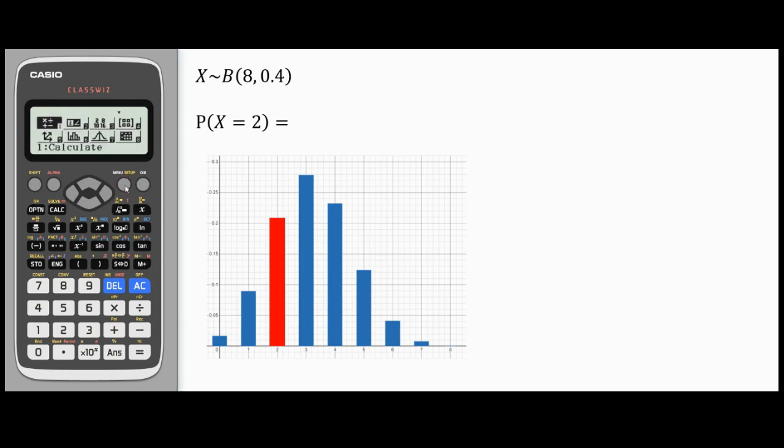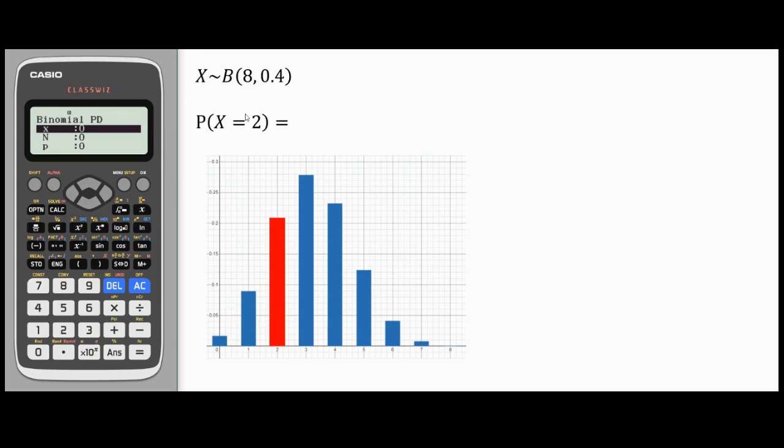I'm going to go to menu and I need to go to distribution. That is option number 7. And then I'll go to option number 4, which is binomial P&D. Then I'm being asked whether I want to go to a list or a variable. I'll select variable because I'm only going to do one calculation. And then I need to enter 3 inputs, x, n, and p.